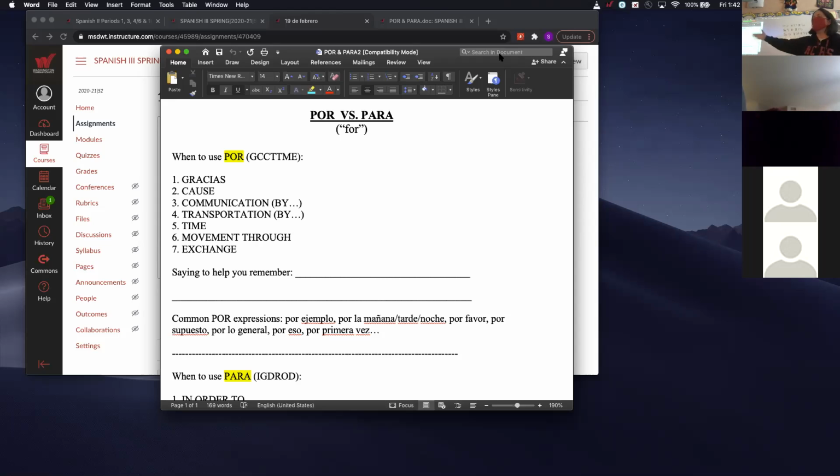It's like where you're going by a place, because remember, this can kind of mean for or can kind of mean by. So think of it as stopping by your friend's house on the way somewhere else. Otherwise, something's caused by something. You're communicating by email or by text. Transportation, you're getting there by train or by car. Time, you're going for a certain amount of time, for 5 years, por 5 años. And in exchange, I'm going to give you $5 for that candy bar.